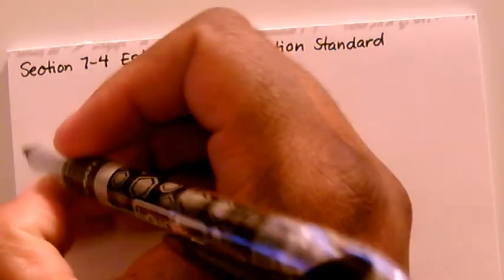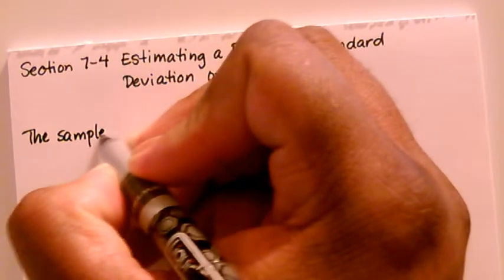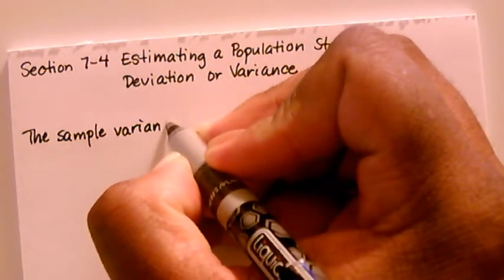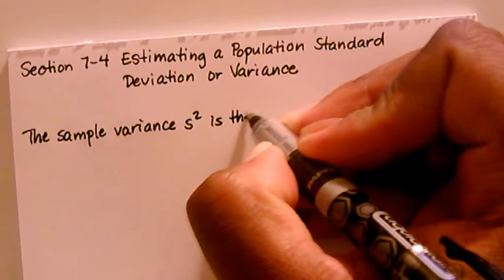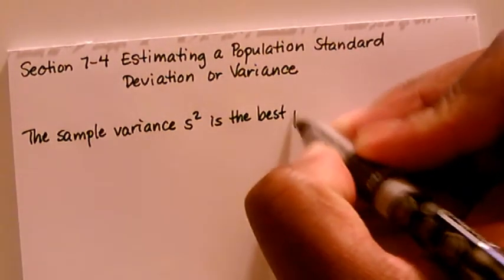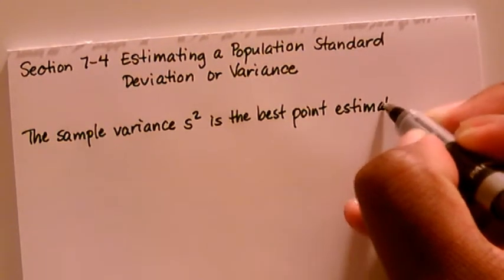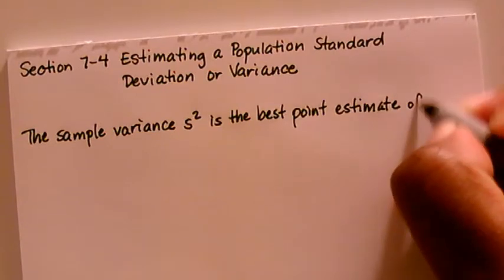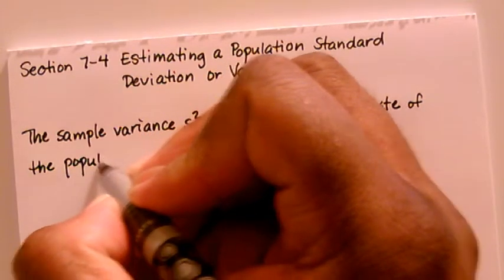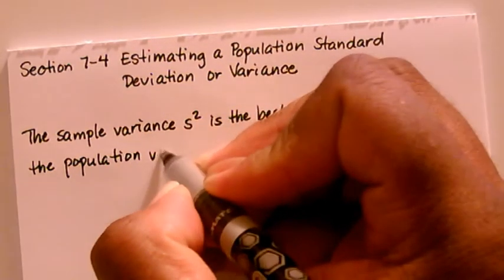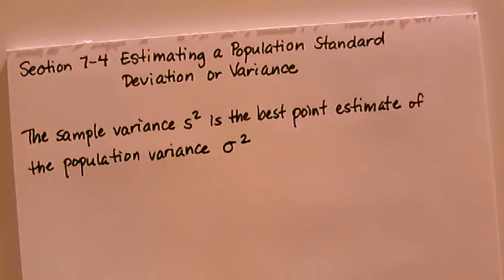So in this case here, it's going to be the sample variance. So the sample variance, or S squared, would be the best point estimate of the population variance, which is in this case sigma squared.